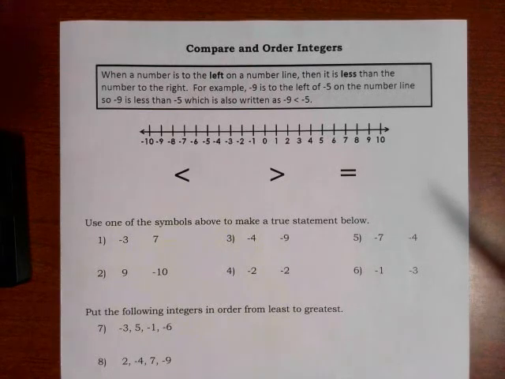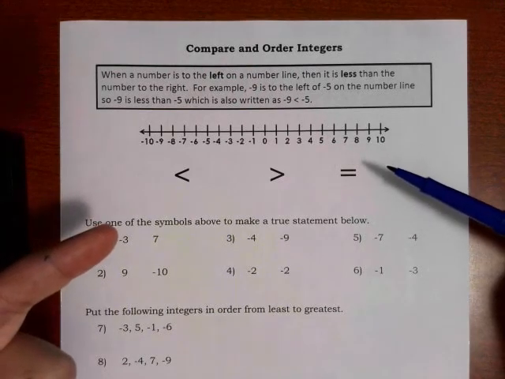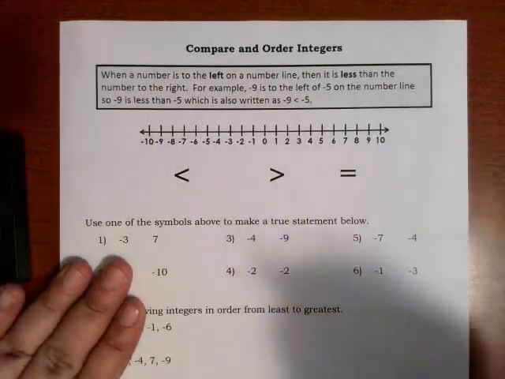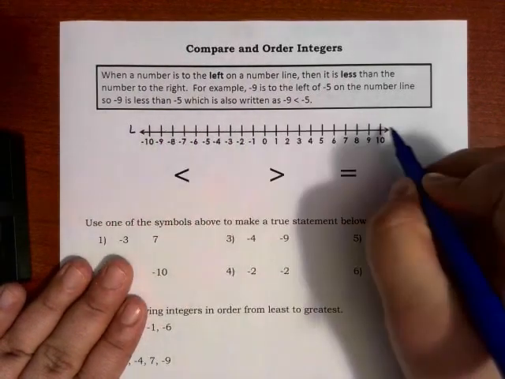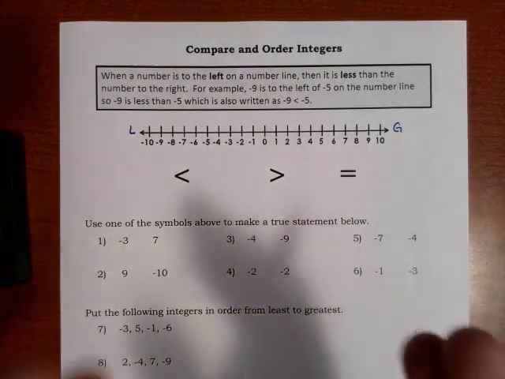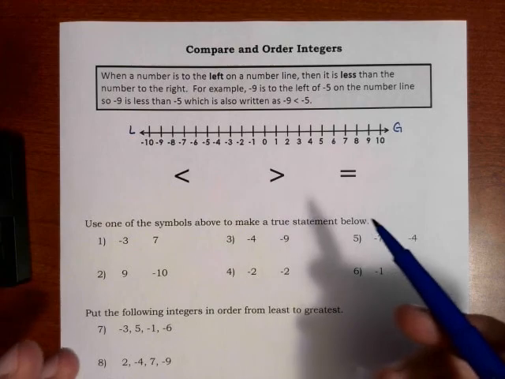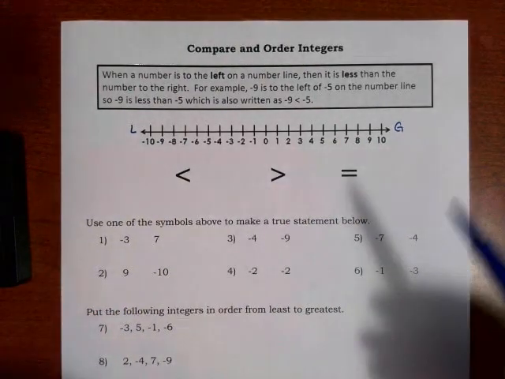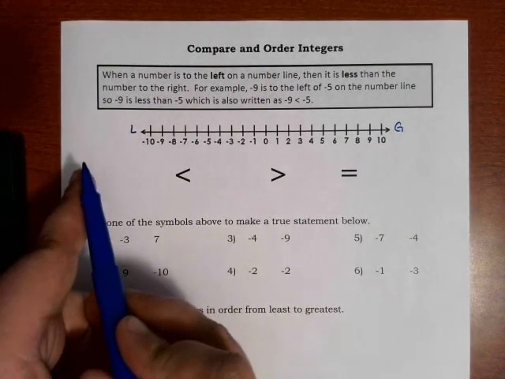One thing that's really helpful to do this is to look at a number line, because the number line automatically puts integers in order from least to greatest. So without even hesitating, if you can look at a number line and place the integers on it, it'll put them in order for you. Now, if you're going greatest to least, make sure you look from the right going over to the left, okay?